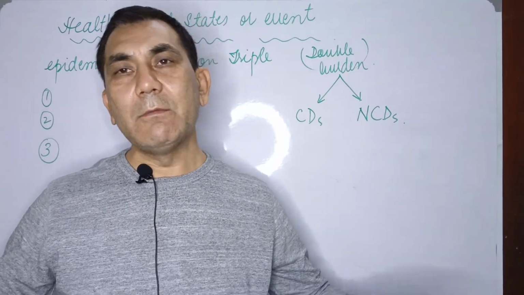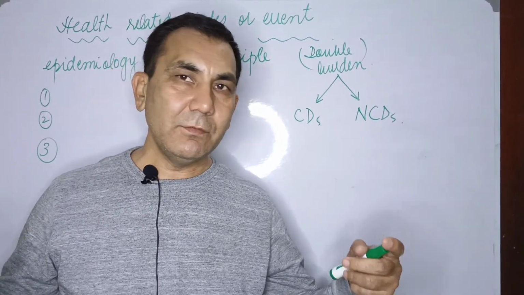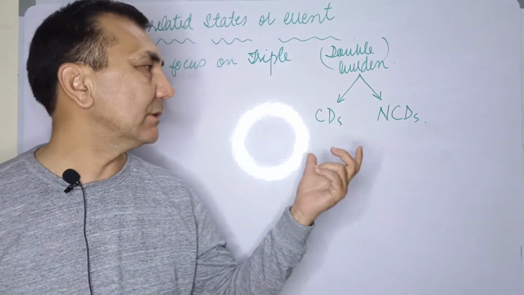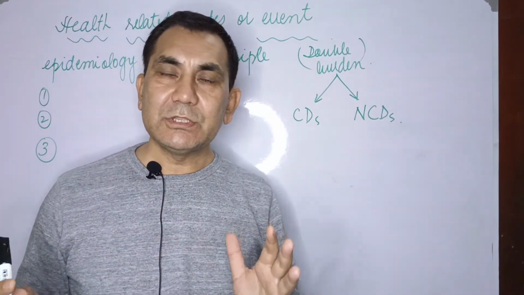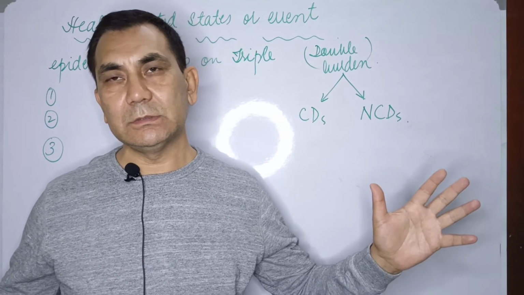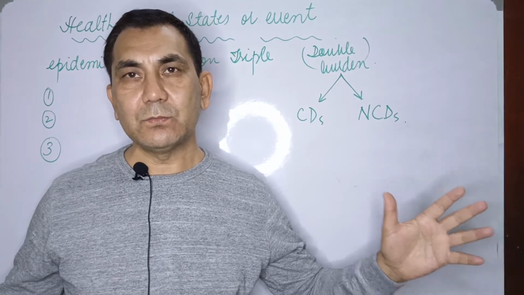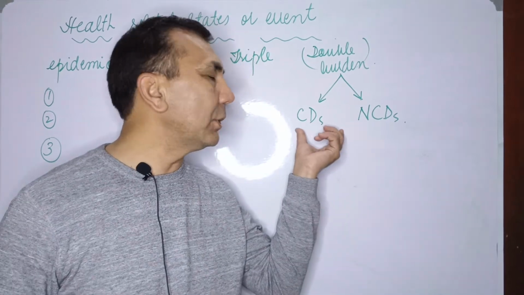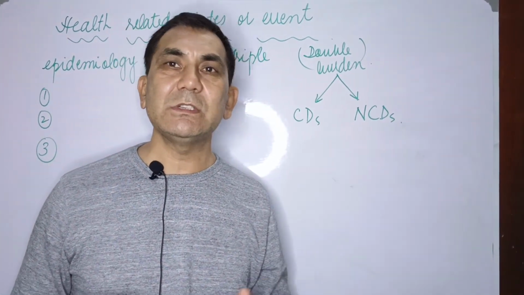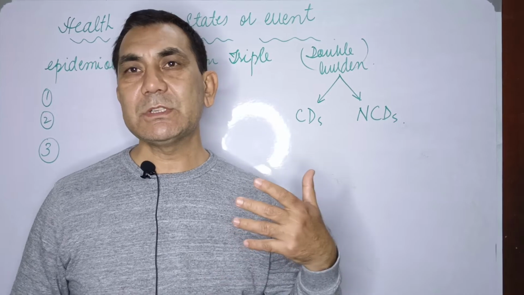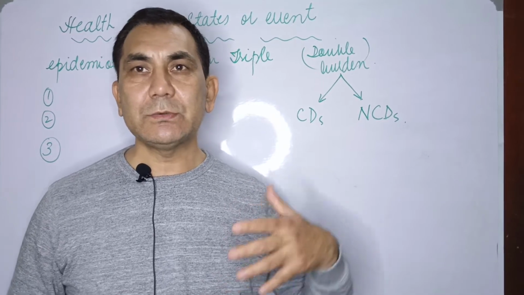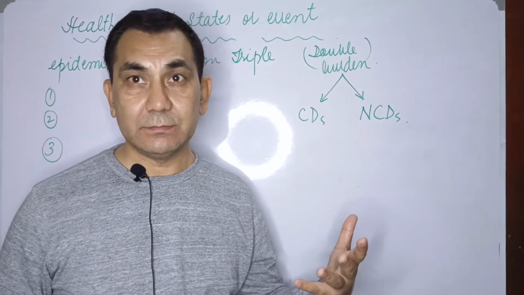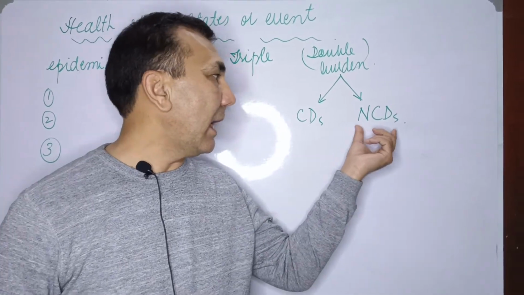If you go to the history, causes, or risk factors of disease, it is always distributed into two broad categories. One is communicable disease: those diseases which can be transmitted or spread from one person to another, and which are pathogenic, contagious, and infectious.